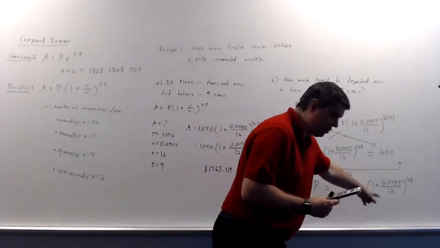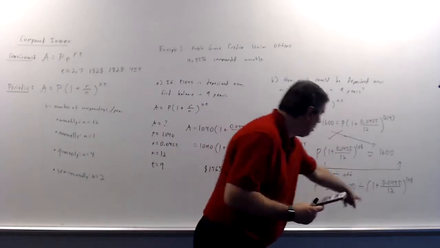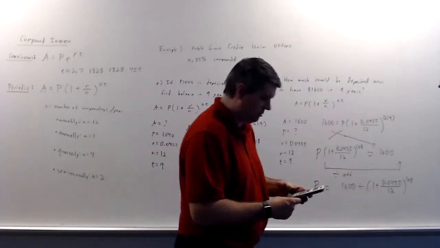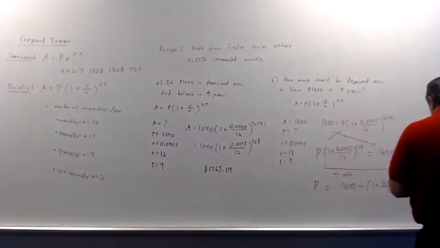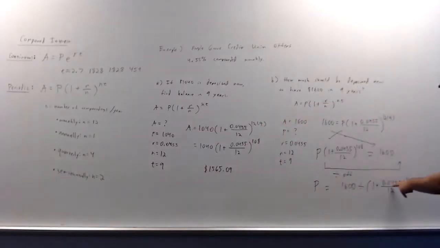Very important that you include that parenthesis. 1 plus 0.0455 division 12. Balance the parenthesis, your generic exponent button, 108.